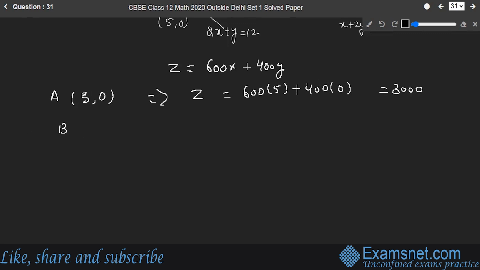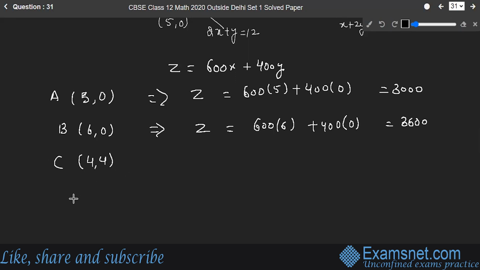And for the point B, which is 6, 0, Z is equal to 3600. For the point C, which was 4, 4, D point was 0, 6, E point was 0, 4.